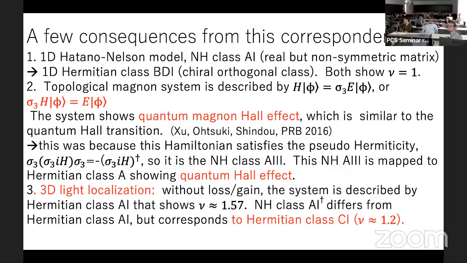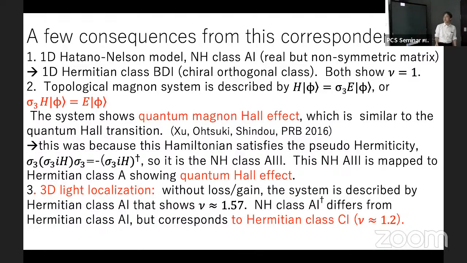Another thing is about the three-dimensional light localization. Without loss and gain, it should be the same as Hermitian class A1, which shows nu equals 1.57, estimated by Keith.